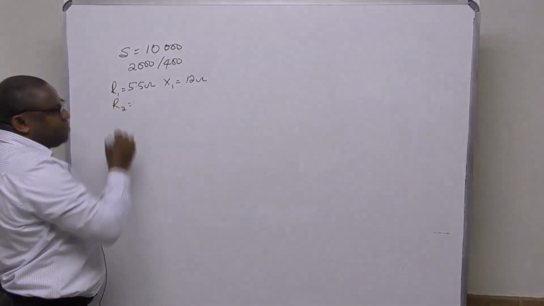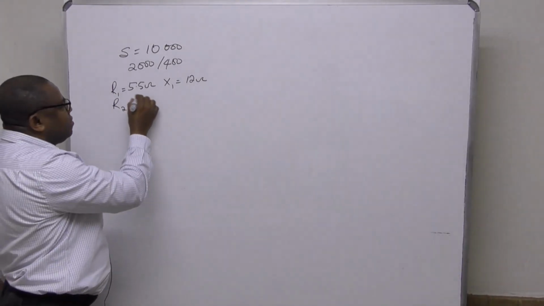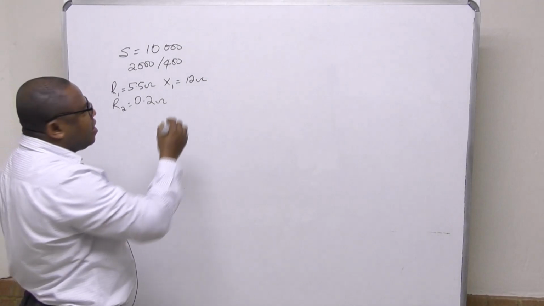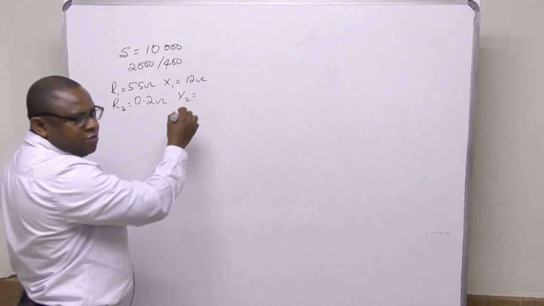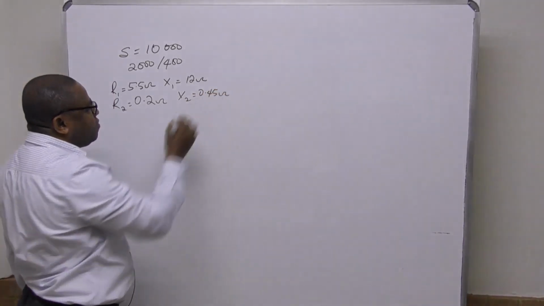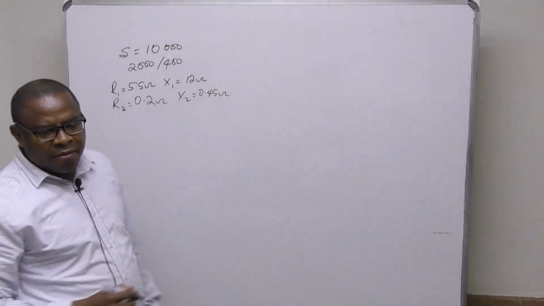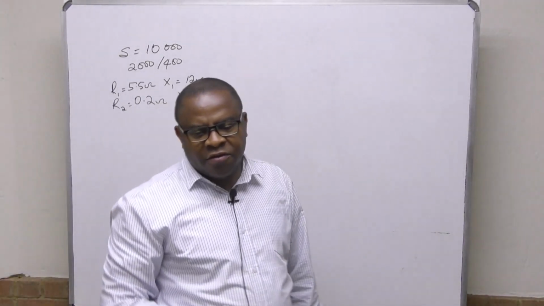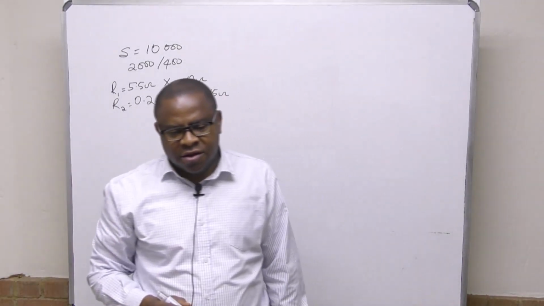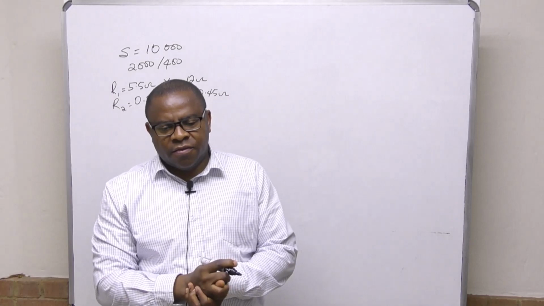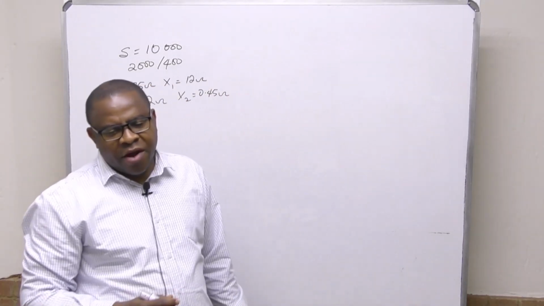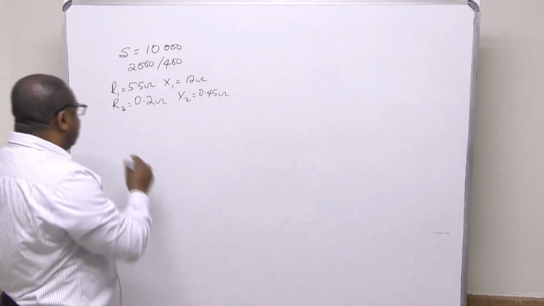resistance R2 0.2 ohms, and reactance X2 0.45 ohms. Determine the approximate value of the secondary voltage at full load and 0.8 power factor when the primary voltage is 2000.